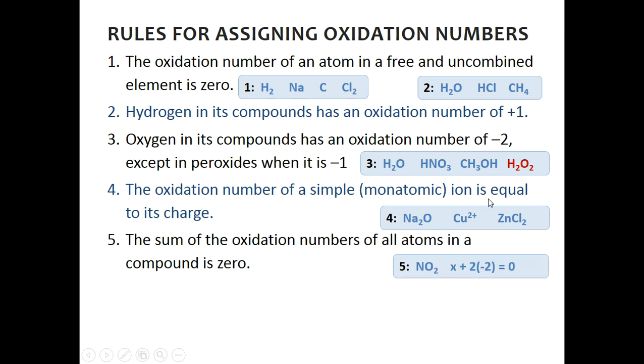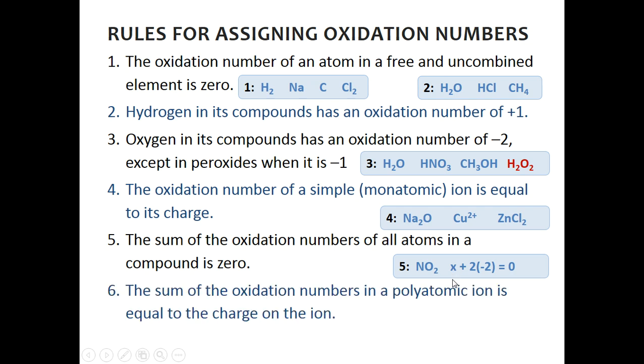If it's a neutral compound, like NO2, then we can work out by adding up all the oxidation numbers in that whole species, and if it's neutral, it has to add up to 0. So, for instance, I have 2 oxygen atoms, each from rule number 3 has an oxidation number of -2, so I can solve for the unknown X. And if I don't have a neutral species, like a nitrate, then the sum of the oxidation numbers is equal to the charge.